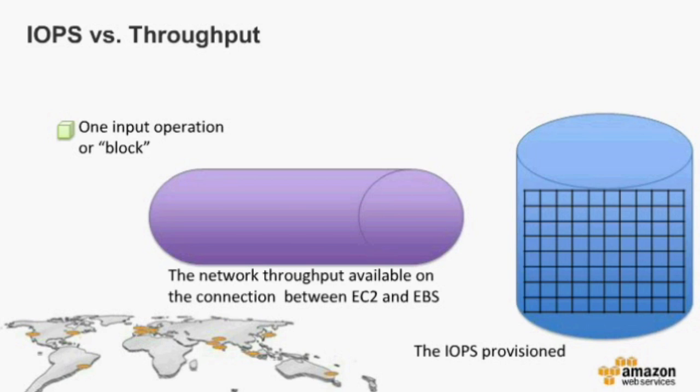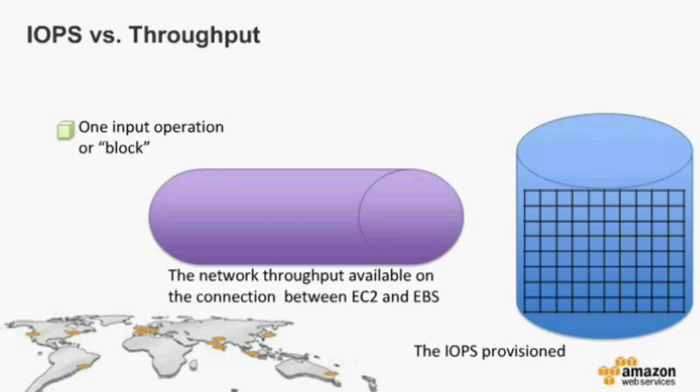So you can imagine that the math problem you're trying to solve is that for a given application, given the block size of the operations that it does and its degree of randomness versus sequential operation, how do you get enough throughput to move the bytes of data, and how do you get enough random I/O performance to move the actual IOs across the wire?